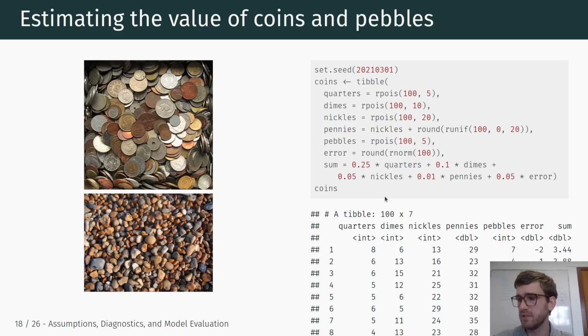If we go back to the underlying data generating process, the number of pennies is correlated with the number of nickels, because the number of pennies basically just depends on the number of nickels plus some random deviation. So we're just adding between 0 and 20 pennies to the number of nickels to get our number of pennies, right? So that means pennies and nickels are inherently correlated.